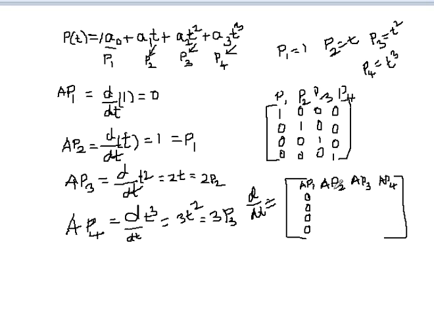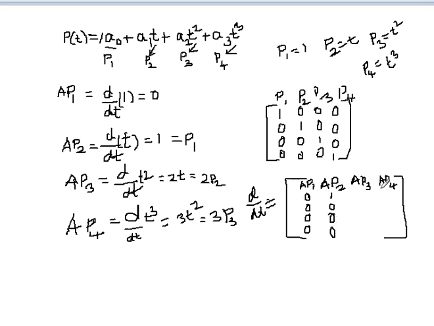What is AP2? AP2 is P1, so we have to represent the value of P1, which is 1 at the first place and the rest all zeros.